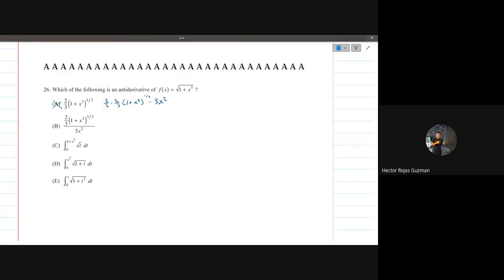Let me see. Let me just try something here. If I'm supposed to find the antiderivative of f of x, then the antiderivative would be the integral of the square root of 1 plus x cubed dx.